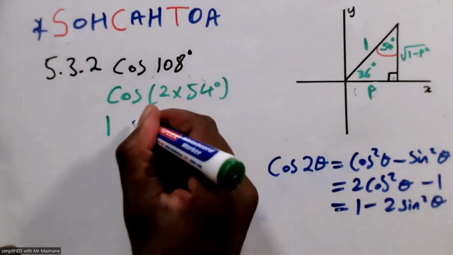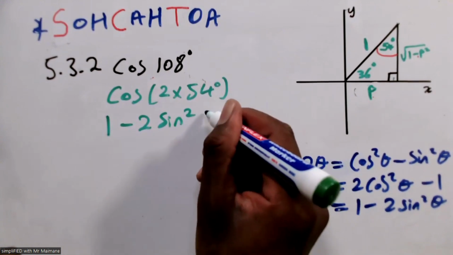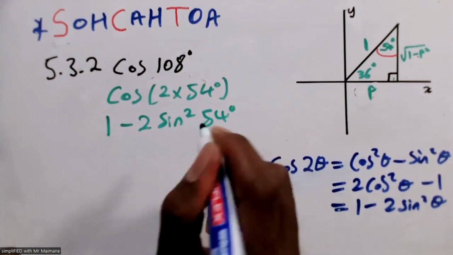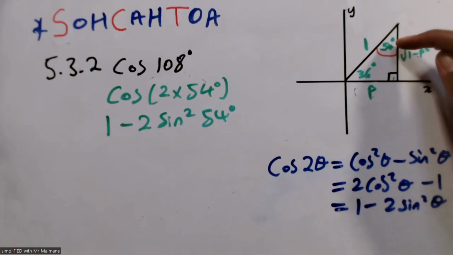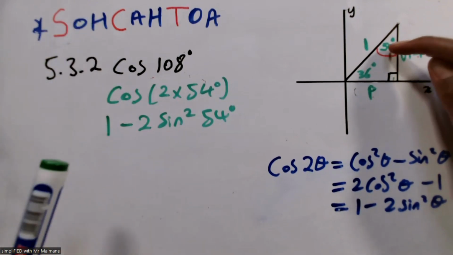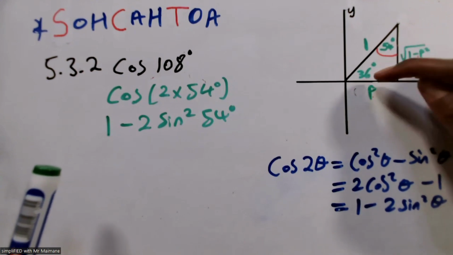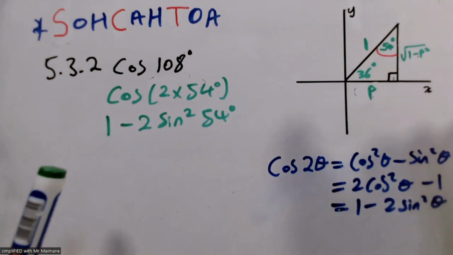So we have 1 minus 2 sine squared 54 degrees. So now look at this. Now we're looking at sine of 54 degrees because we are on this angle. And sine is opposite over hypotenuse. So from this angle, the opposite side is P. The hypotenuse is 1.